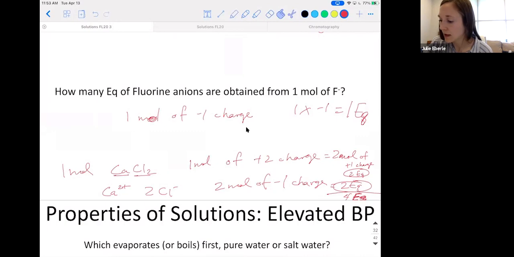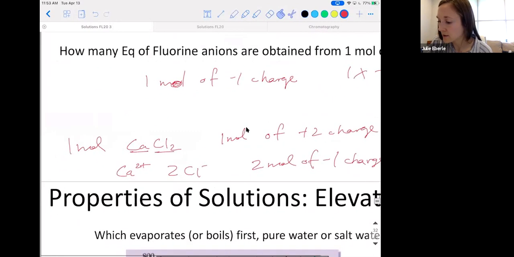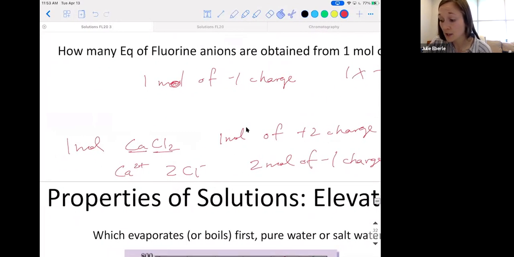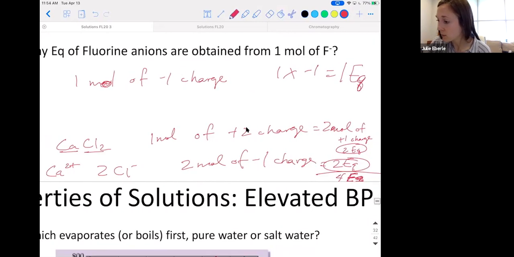So that's going to break up into a calcium, which is a +2. And we actually answered this question earlier. 1 mole of calcium cations gives you 2 equivalents. That was a couple slides ago. And so I just wrote, we're going to have 1 mole of +2 charge, which is the same as saying 2 moles of +1 charge.